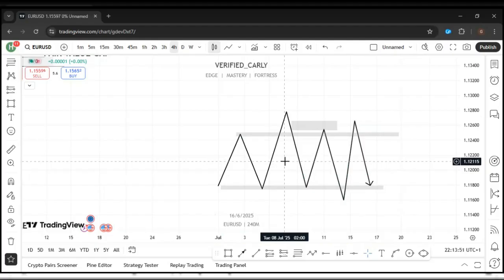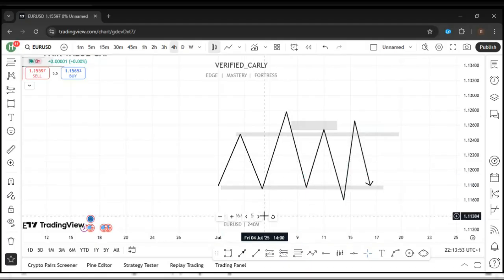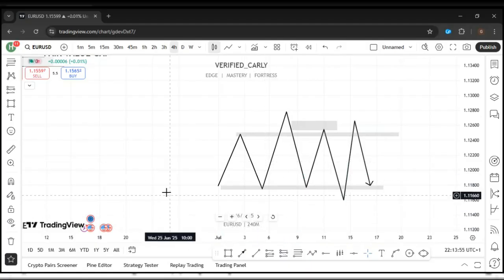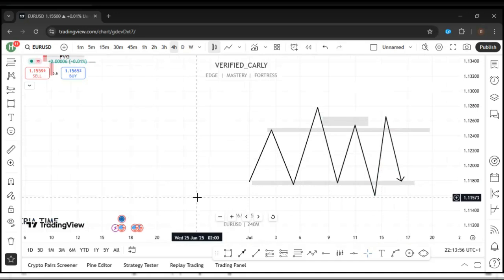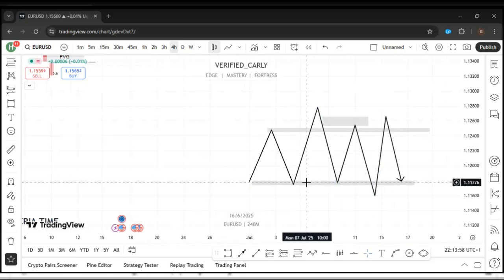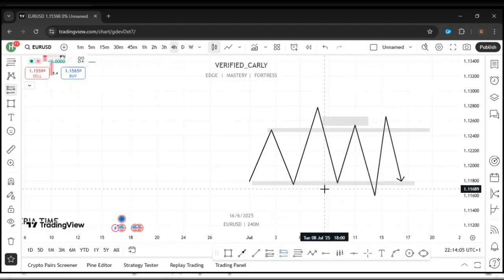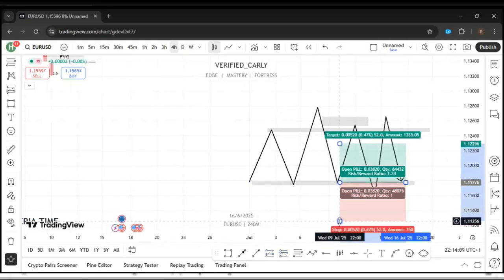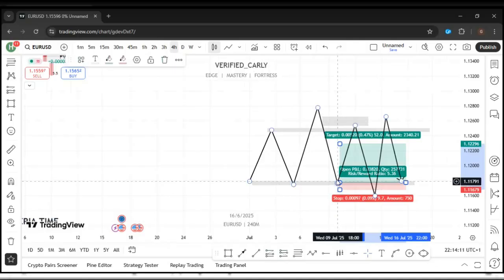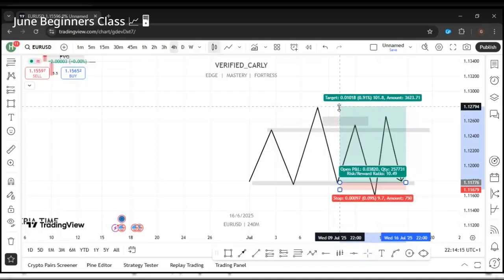So if a lot of traders are buying and putting stop losses just below a recent low, smart money might push price down, like the way price did here. Let me say you bought here, and your stop loss is here, and you are targeting a big zone, and price hasn't gotten to your take profit.